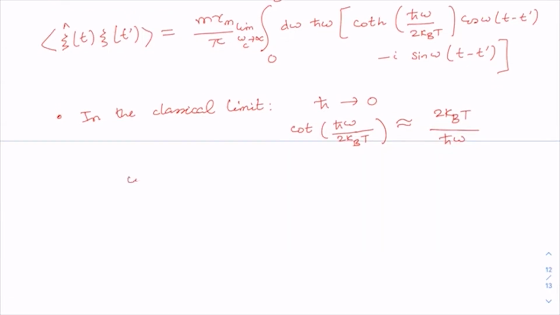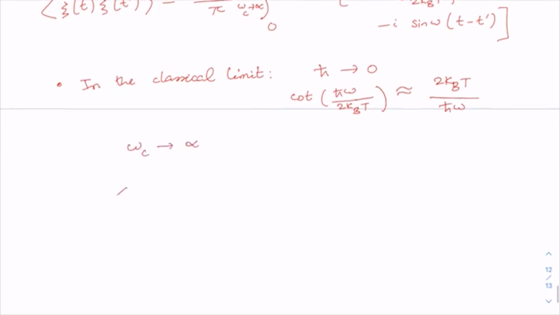And if we set omega_c at infinity, then you can very easily show that in the classical limit this autocorrelation function for the Langevin noise would again regain what we got in the classical case, that is twice m gamma_m kBT delta(t minus t').